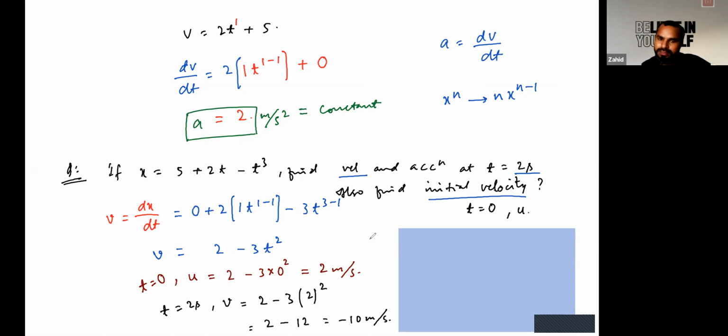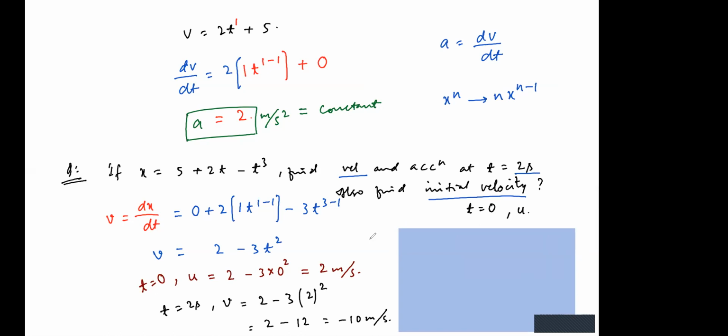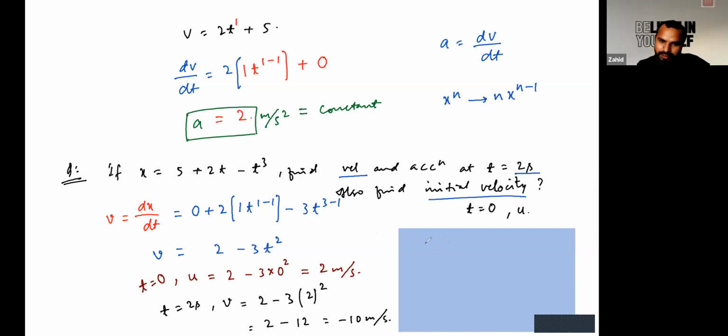Hiba, have you calculated acceleration? No, sir. Any doubt? We have the expression for velocity, v equals 2 minus 3 times t squared.